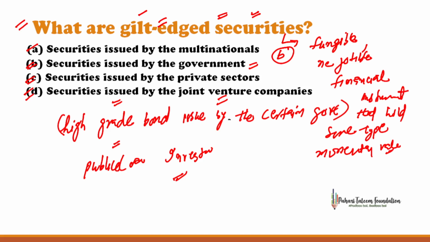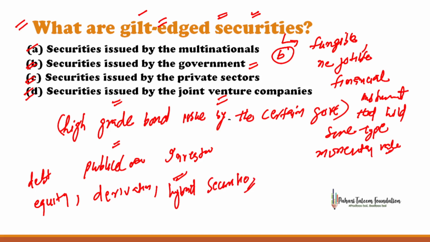There are four types of securities: debt, which is also a type of security, then equity, after that derivatives, and hybrid securities.